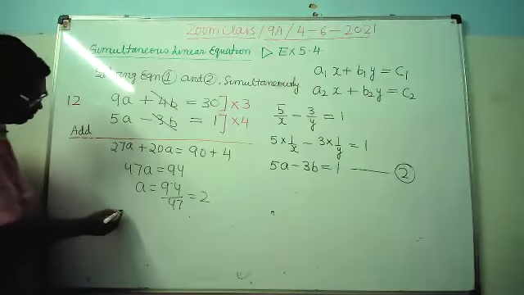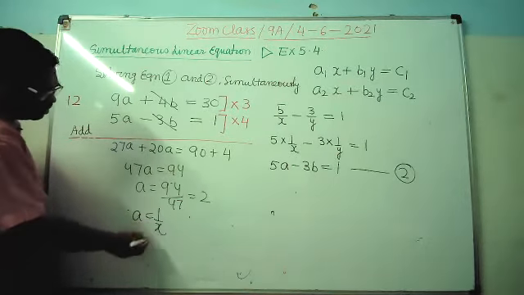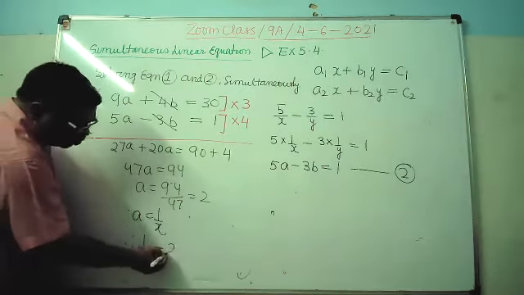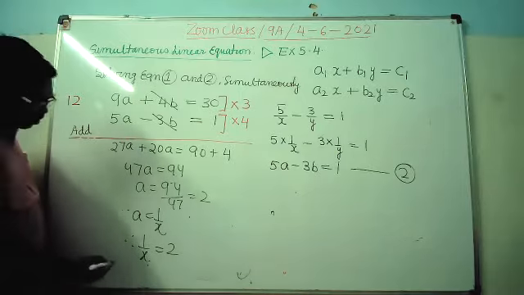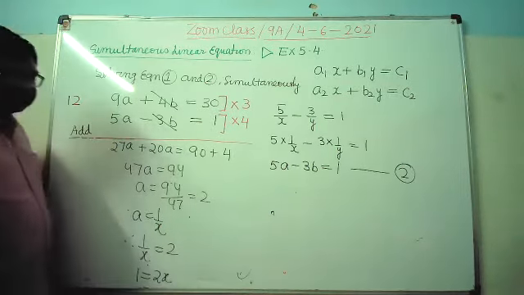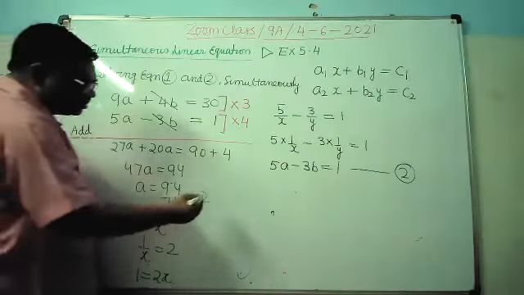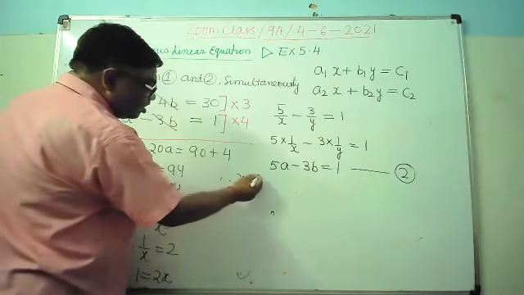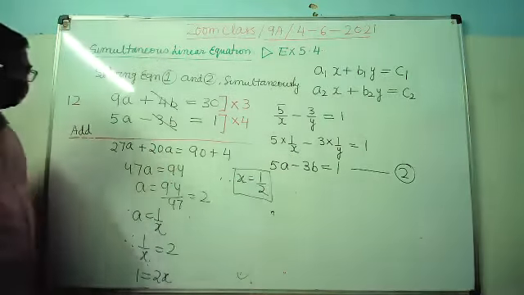Since a equals 1 upon x, therefore 1 upon x equals 2. 1 upon x equals 2 means 1 equals 2x. So what will be x? Therefore x equals 1 by 2.